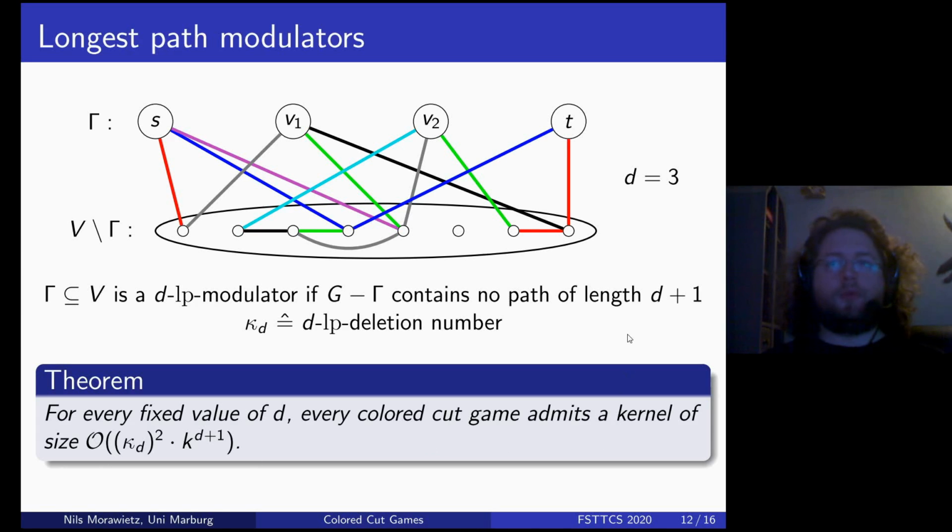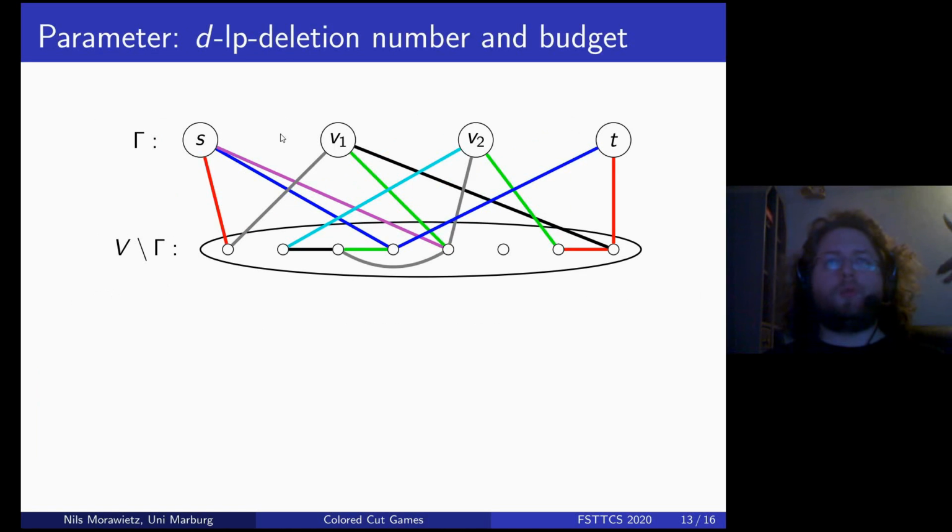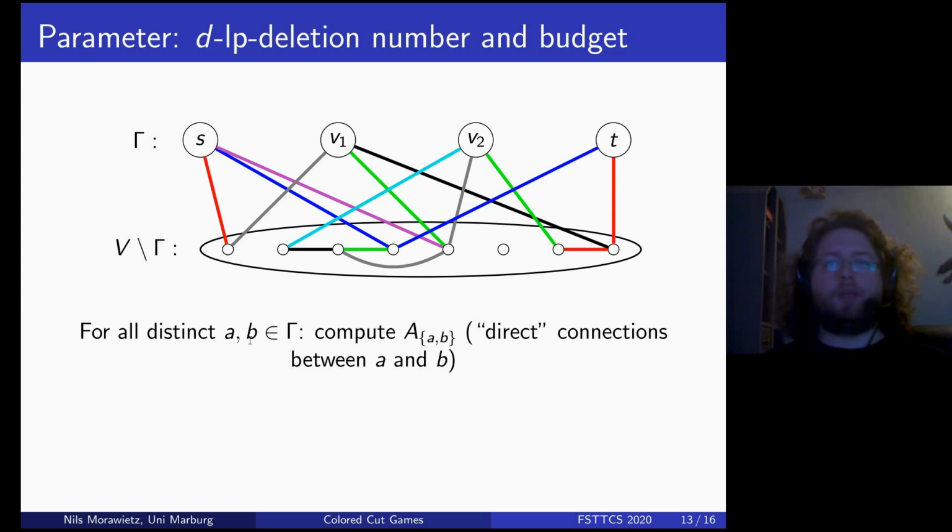So let's move on to the kernelization algorithm. We assume that we have, for a constant value of d, our d-longest path modulator Γ, and we want to compute, for each pair of distinct vertices A, B of Γ, the color sets of direct AB paths in this graph. With direct, I mean AB paths that do not contain a third vertex of Γ.